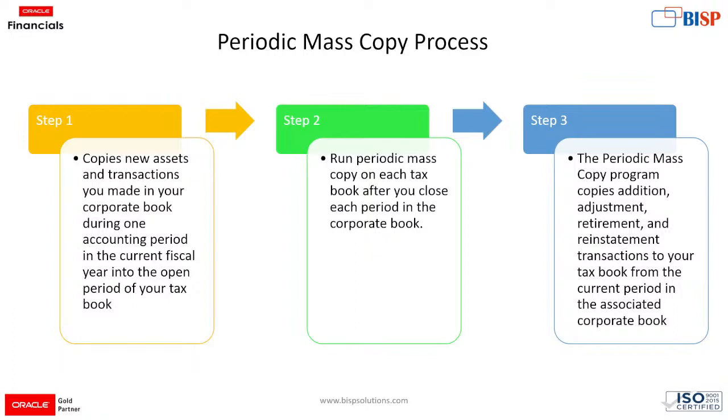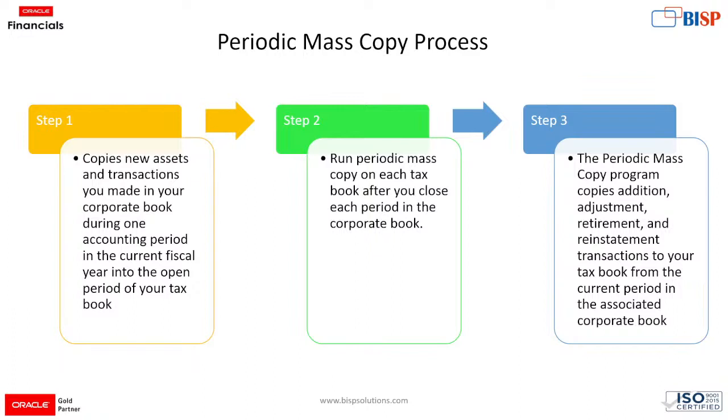The periodic mass copy program copies the additional, adjustment, retirement, and reinstatement transactions to your tax book from your current period in the associated corporate book. It does not combine the transactions and only copies the transactions from a closed accounting period in the associated corporate book.